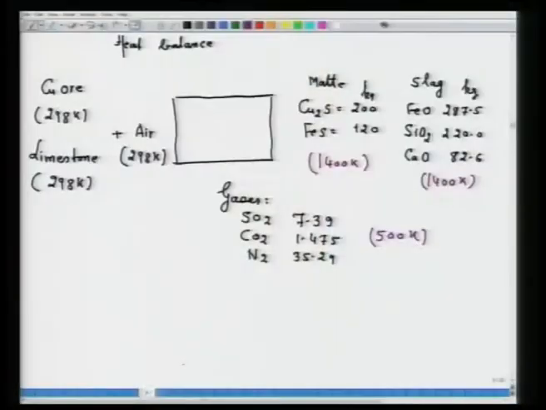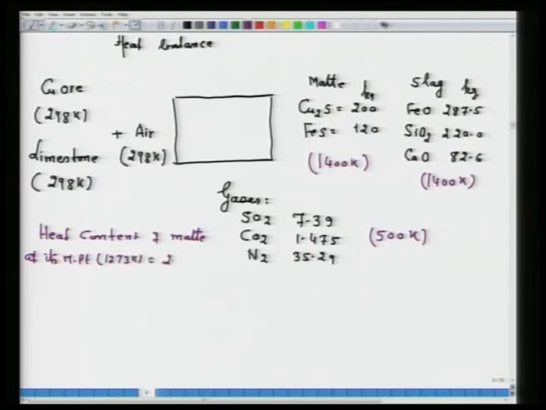effectively. So, let me give other thermodynamic values as required for the calculation. It is also given: the heat content of matte at its melting point, and the melting point is, let us take 1273 Kelvin, that is equal to 205 kilocalorie.